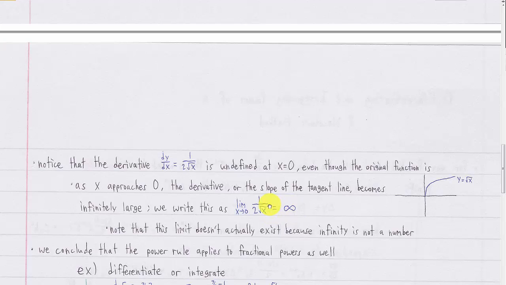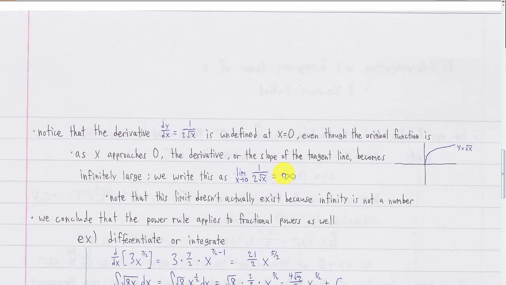It just means that as x approaches 0 in this expression, the output is going to keep getting higher and higher without bound. So this notation really just stands for this sentence: the limit does not exist.